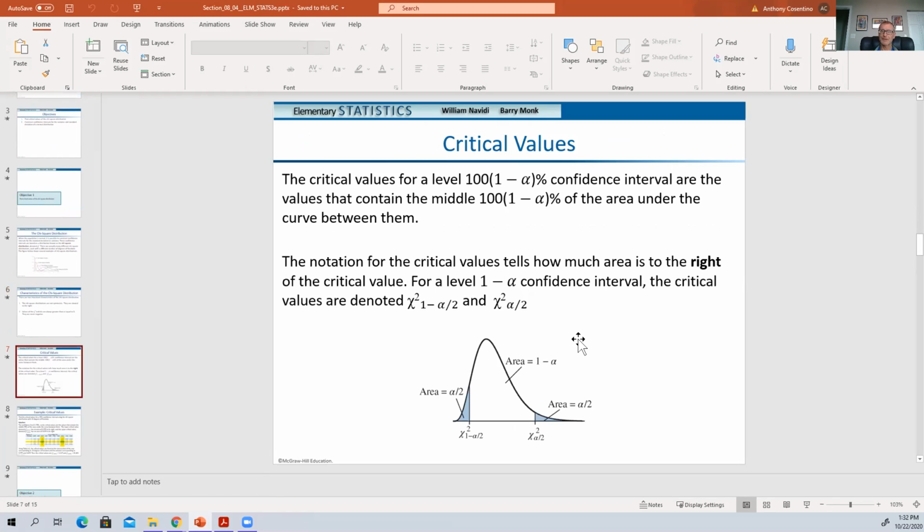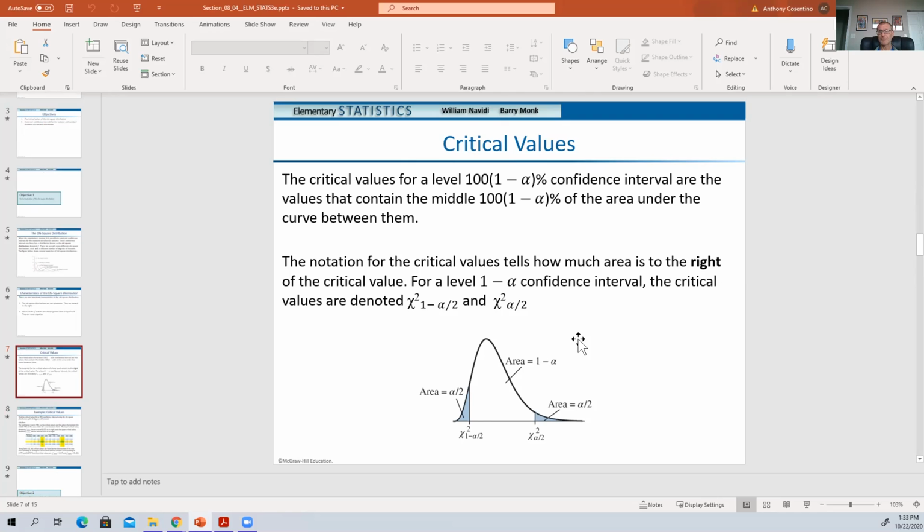What's interesting here is that when we were doing the z-scores, they were symmetric. When we did the 95% confidence, we got a z-score of 1.96 and -1.96, so we could do the plus or minus. We didn't have to worry about that aspect.